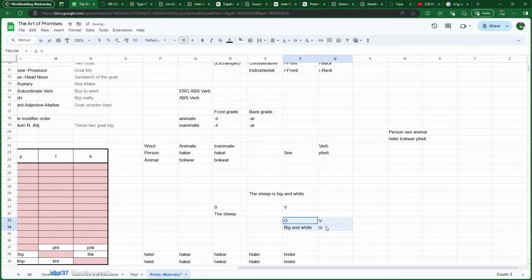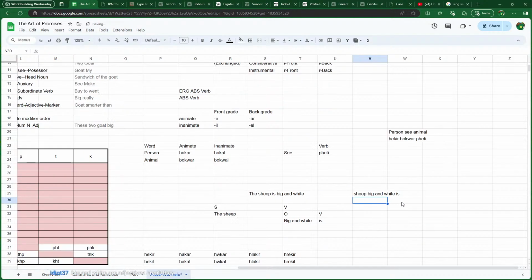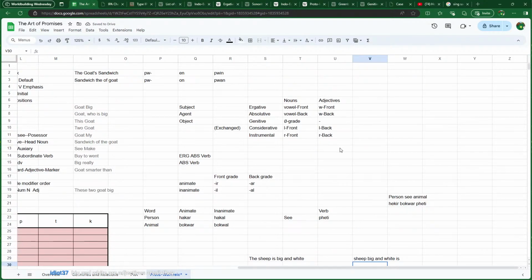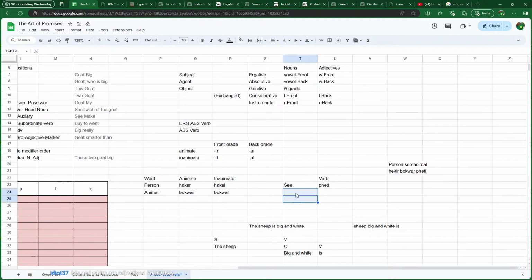So the sheep, big and white, is the proper syntax in our language. We don't have a word for the yet, so we're just going to write sheep, big and white, is. This is actually a very important word, is, right here. This is the copula.